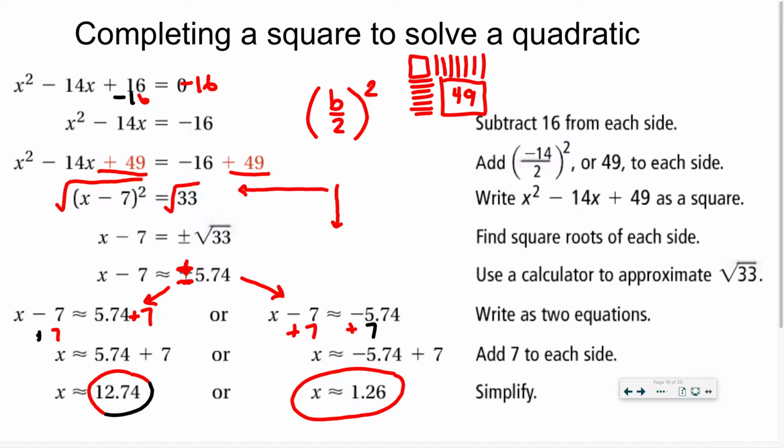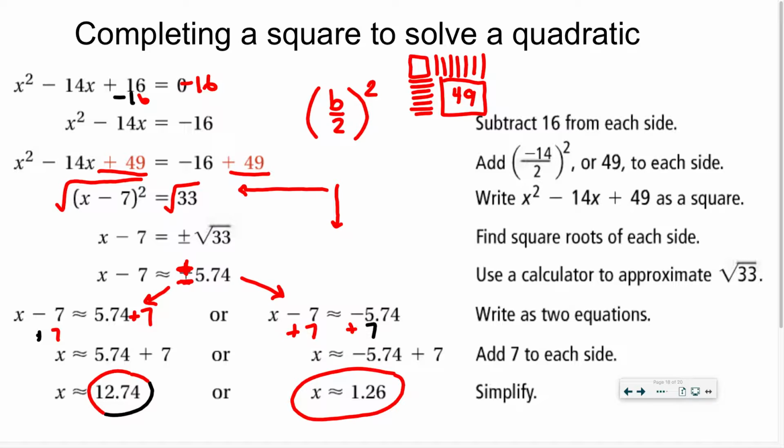If it's built into both sides, it's still reflected, because I'm still solving for x. The value of x wouldn't have changed if I did the same thing to both sides. If you only added 49 here and left that as a negative 16, your answer wouldn't be correct.